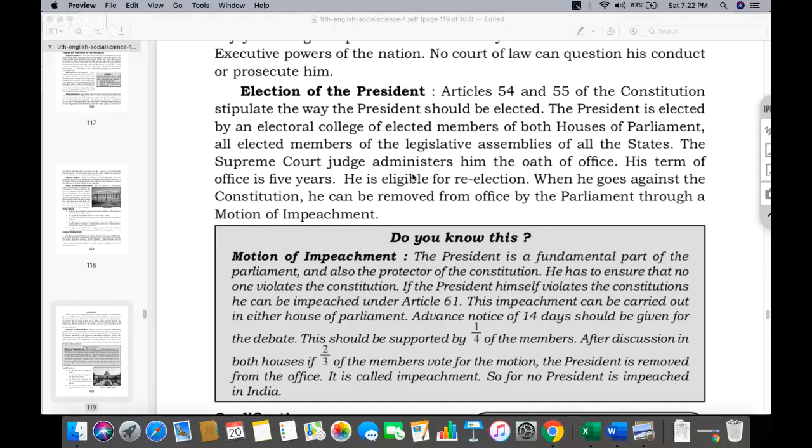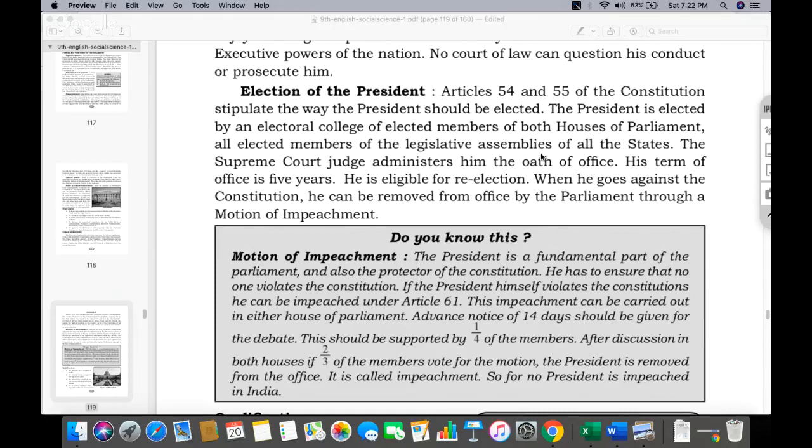The Supreme Court judges administer him the oath of office. You might have seen the oath ceremony of our Prime Minister Mr. Modi. So the oath was administered by the President of India. But if the President is coming to power, who will administer the oath of the President?